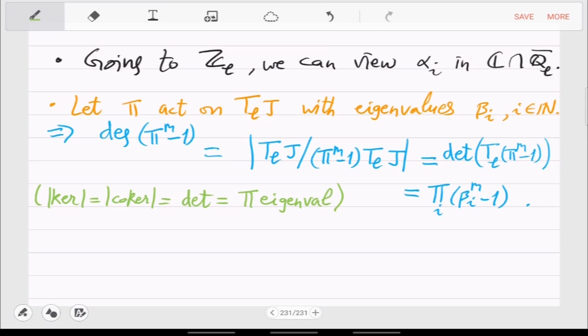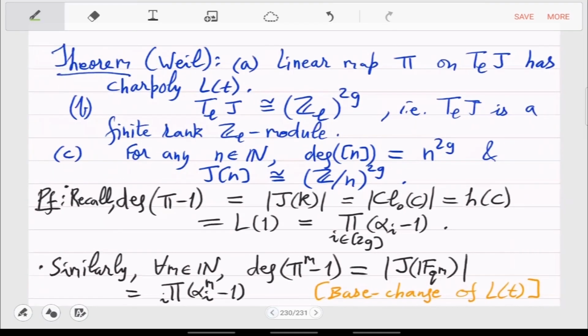And now you compare the two formulas. This is the beta_i formula, and that is the alpha_i formula. They are the same, which means alpha_i's are the eigenvalues of pi, which means L is the characteristic polynomial of pi.